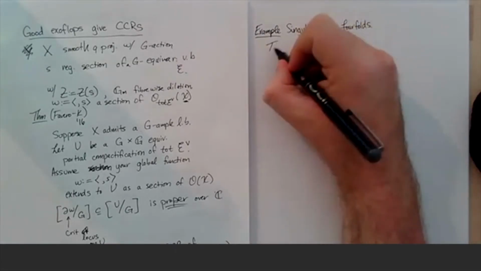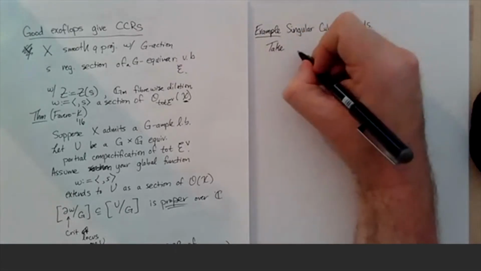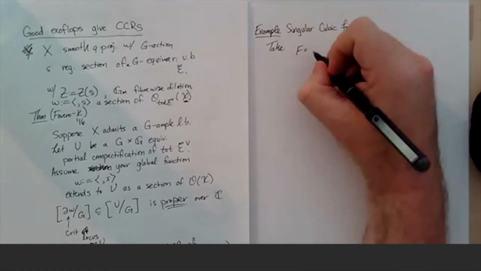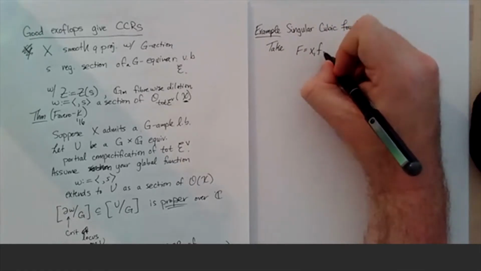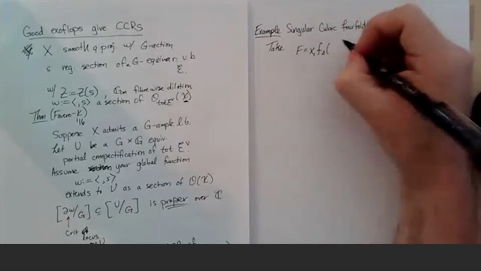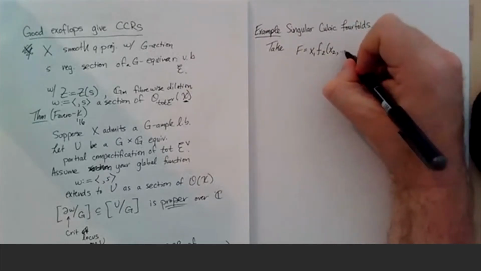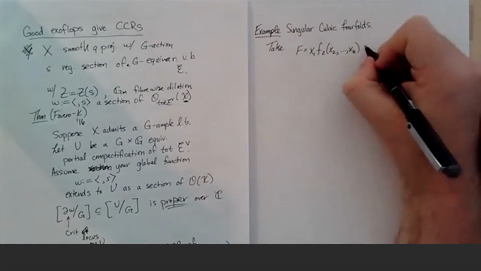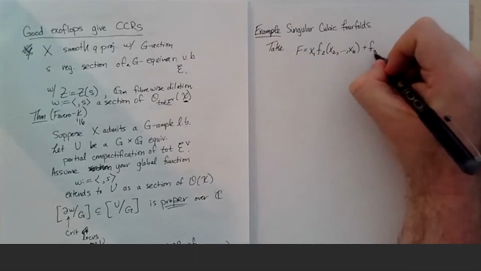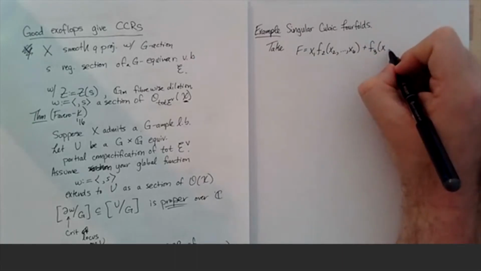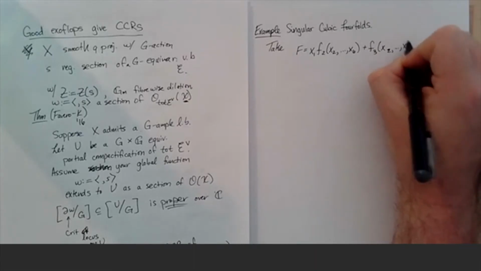So take f to just be the following function. So x1 times f2, where I'm just going to take some quadric in the variables x2 through x6, and then I'm going to take some cubic in those last 5 variables x2 to x6.